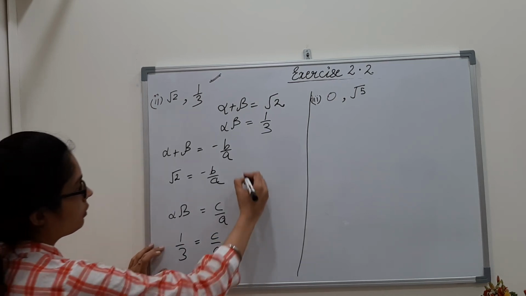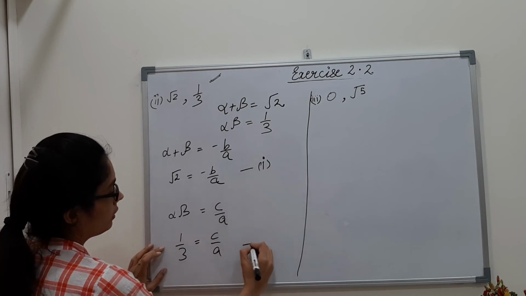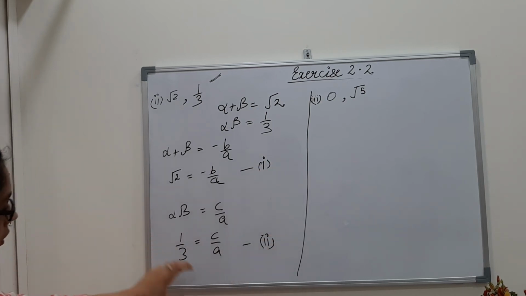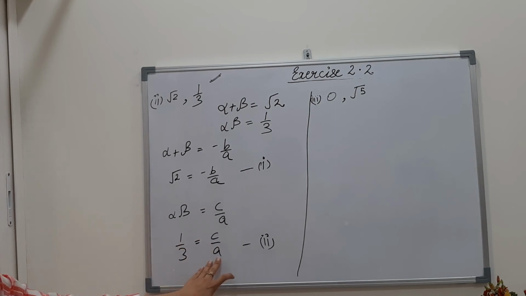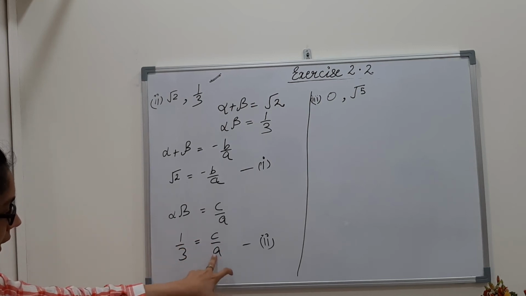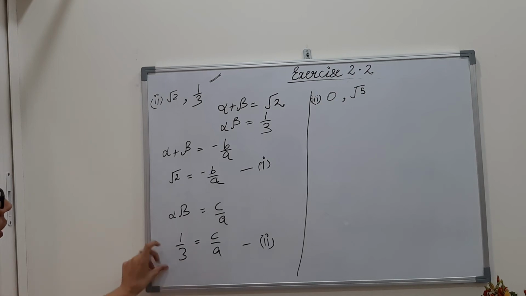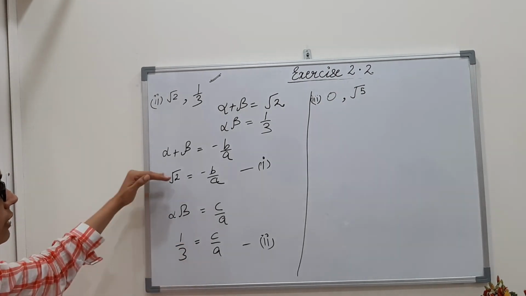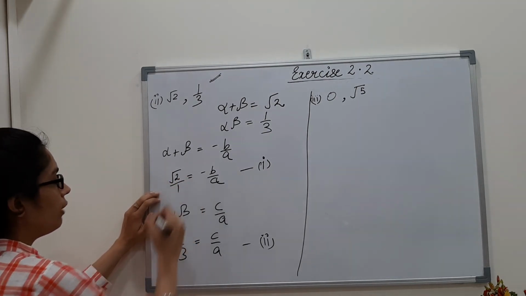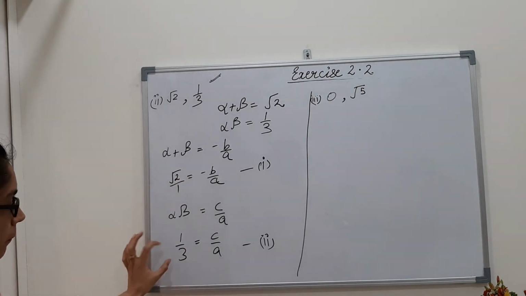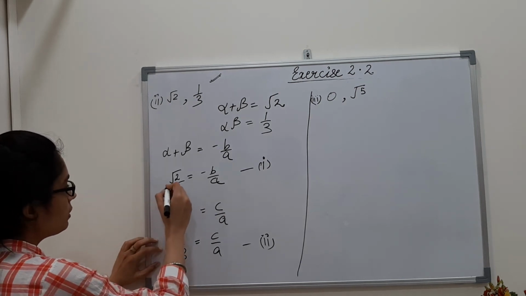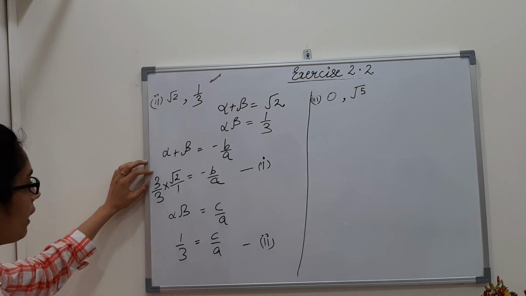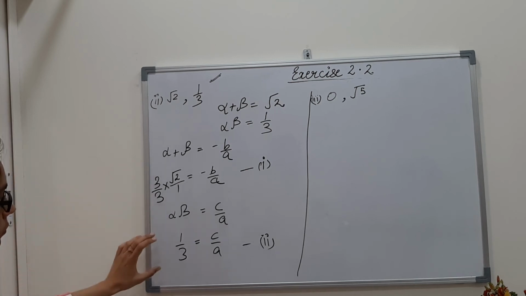So mark this as 1 and this as 2. From the second equation you can see your a is equal to 3. If you are getting such a situation in which in the first equation you are getting 1 and in the second you are getting 3, just multiply the first one and divide with the same number.